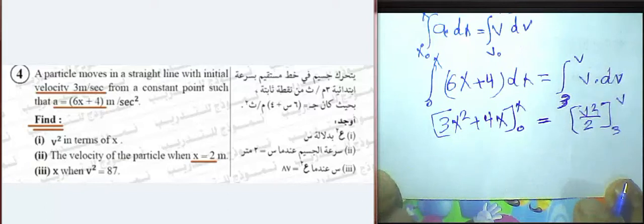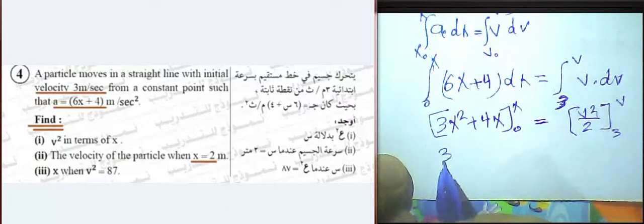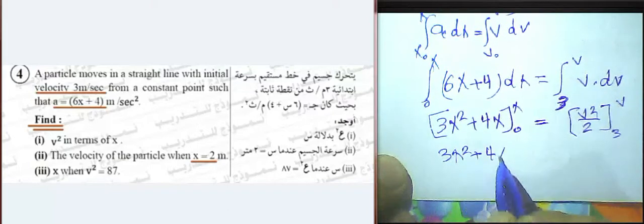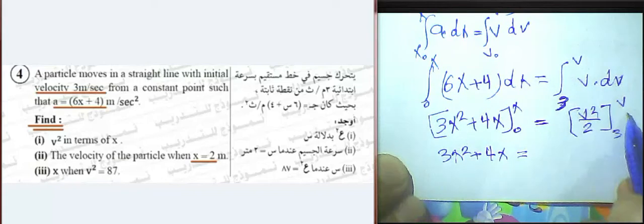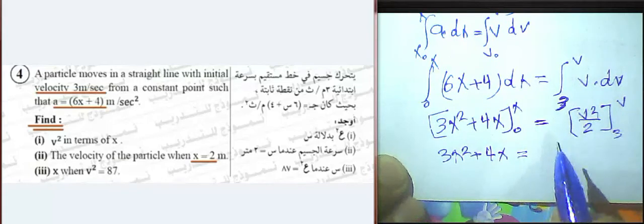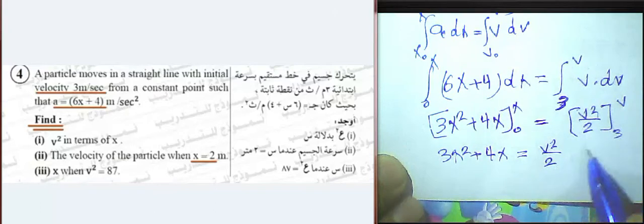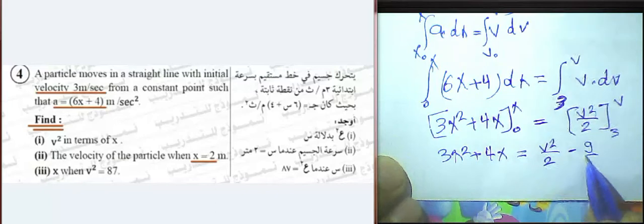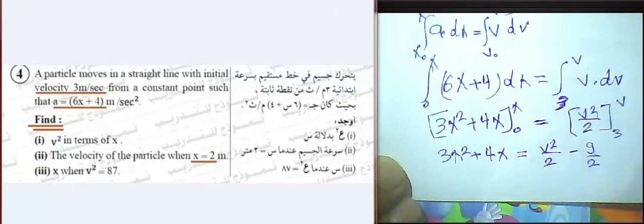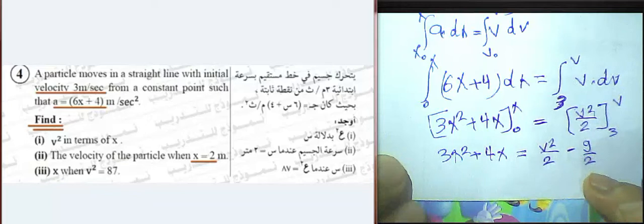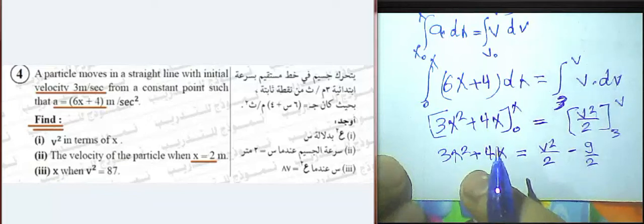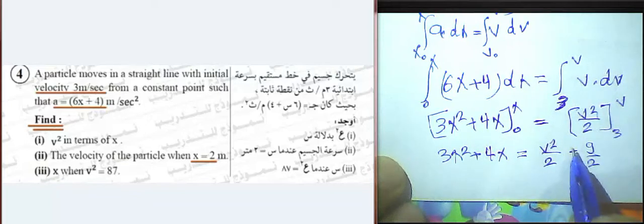Okay, then the result would be what? 3x power 2 plus 4x will be equal v square over 2 subtract 9 over 2, and we must move 9 over 2 to the left hand side and multiply by 2 to find v square.